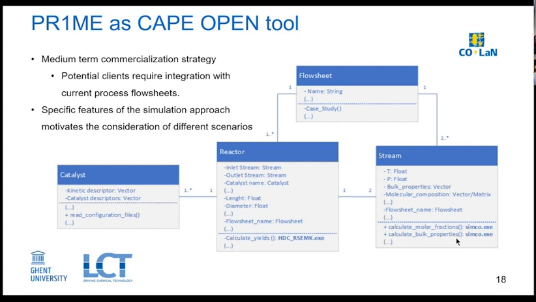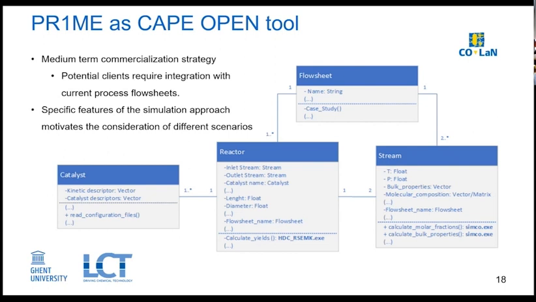At the moment, some test licenses are being delivered already, but in the medium term, bringing this tool as a Cape Open tool is part of the commercialization strategy, and potential users require integration with their process flowsheets.